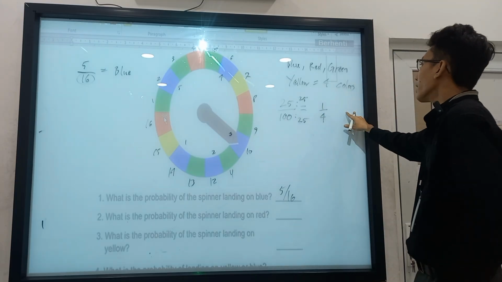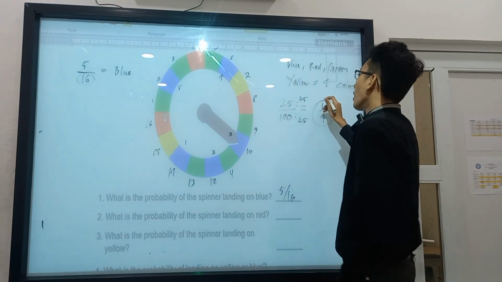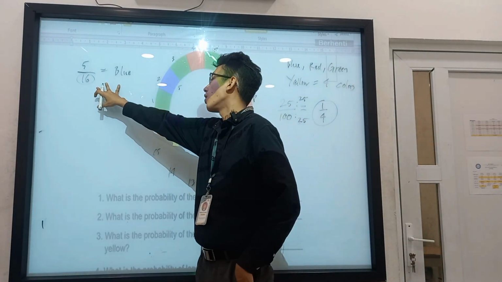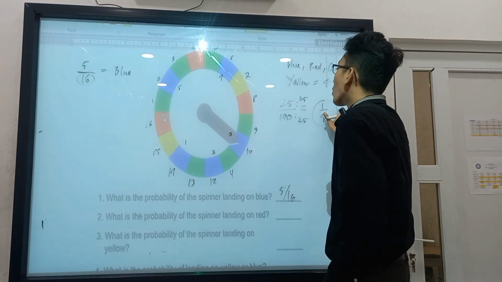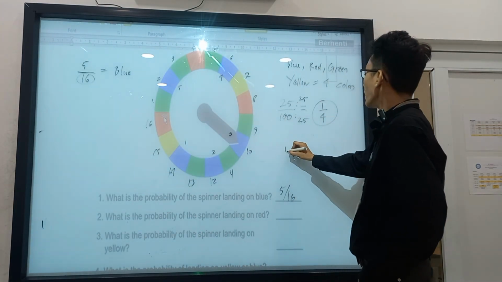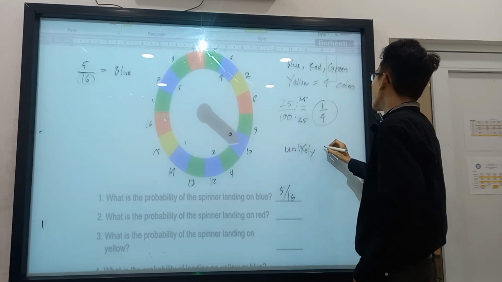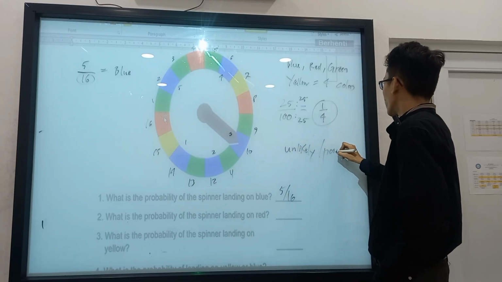So it's a quarter of all of the chains. All of the chains is 16. So a quarter of 16 represents unlikely, or like two chains.